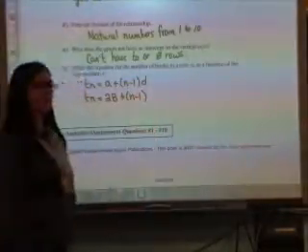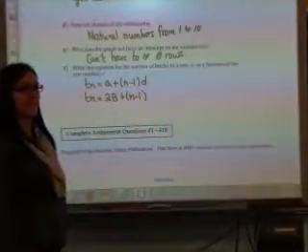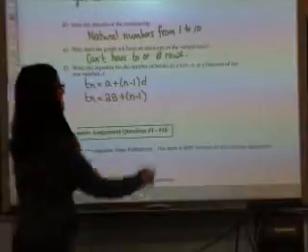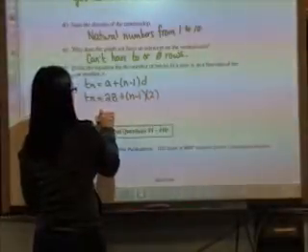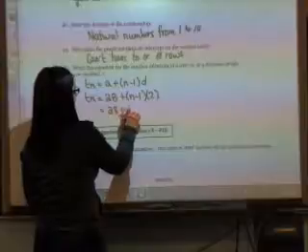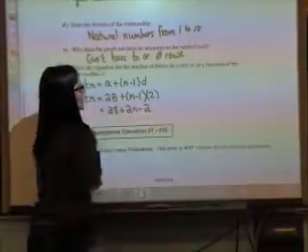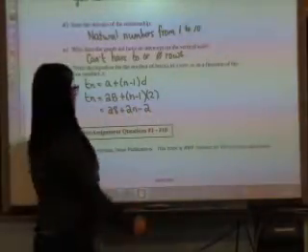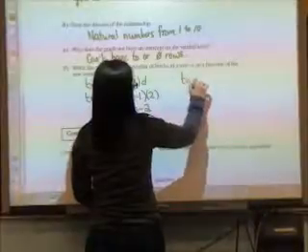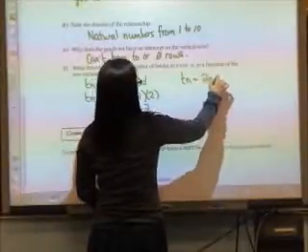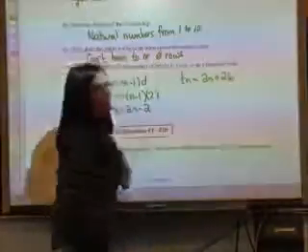What was my common difference? So I get 28 plus 2n minus 2. And when I clean it up, I get 2n plus 26.